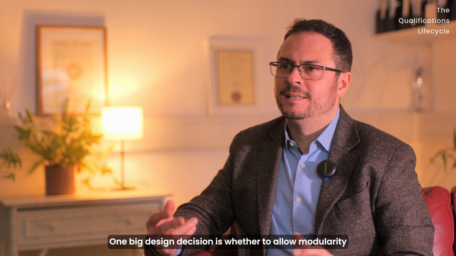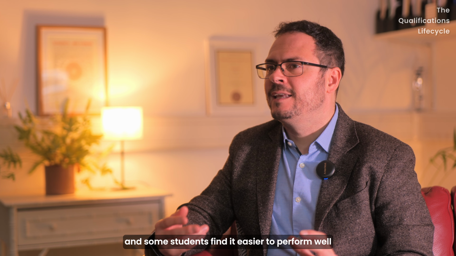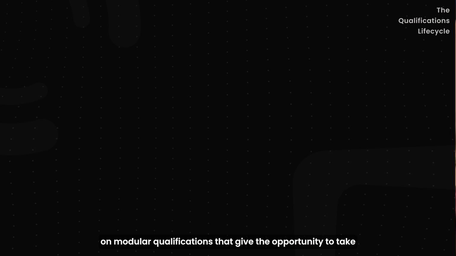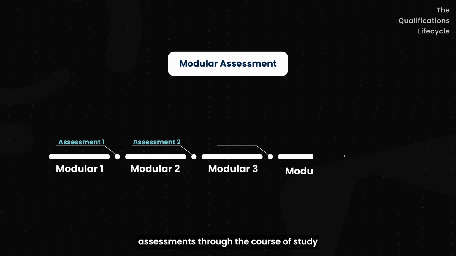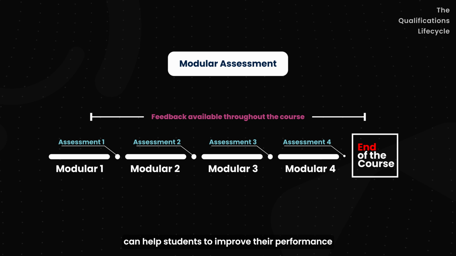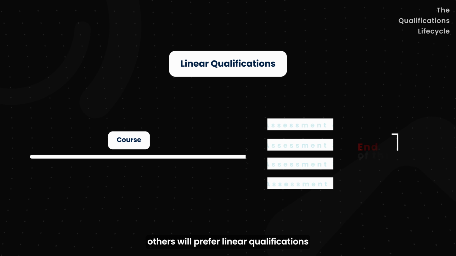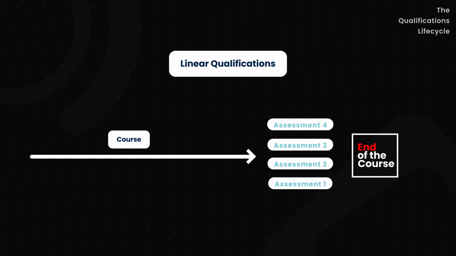One big design decision is whether to allow modularity, and some students find it easier to perform well on modular qualifications which give the opportunity to take assessments through the course of study and to resit exams. The feedback from the modules can help students to improve their performance. Others will prefer linear qualifications in which all of the assessments are taken at the end of a course of study.